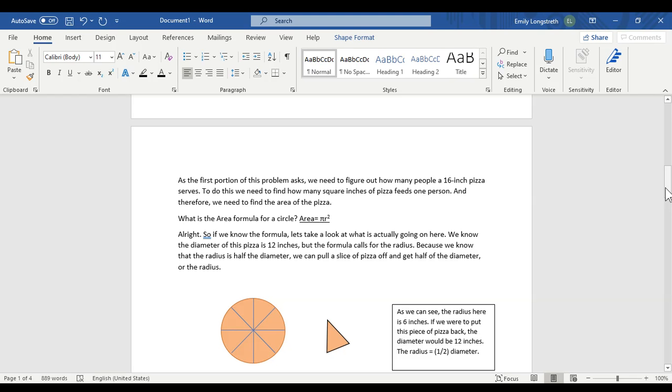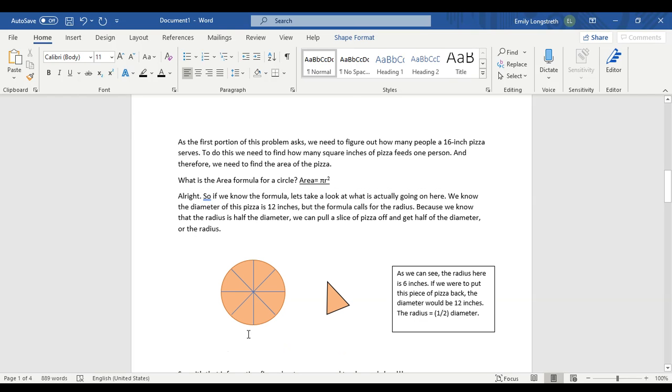So if we now know the formula, we need to take a look at actually what's going on here. We know the diameter of the pizza is 12 inches, but the formula calls for the radius. So if we know the radius is half the diameter, how many inches is the radius of this pizza? As we can see, here's a piece of pizza off of this pizza.